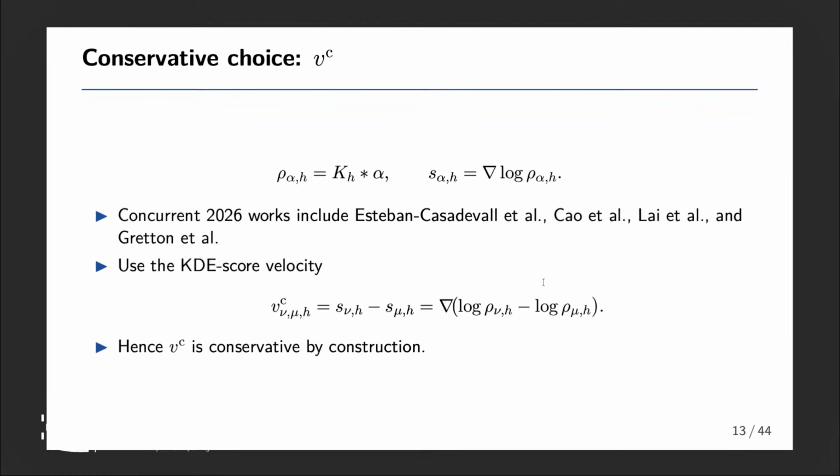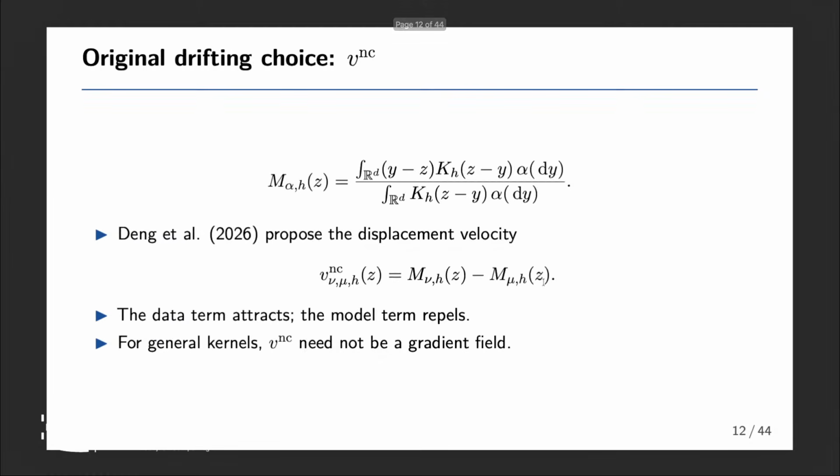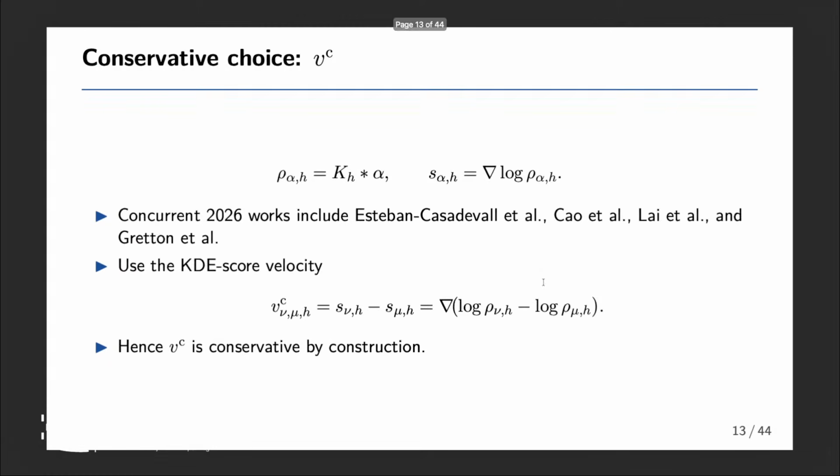So as an alternative, almost immediately after the original paper was proposed, several authors proposed the following alternative velocity field. So for any given measure or density alpha, you define the kernel-smoothed density as this k convolved with alpha, and then you just take the score of rho, right?